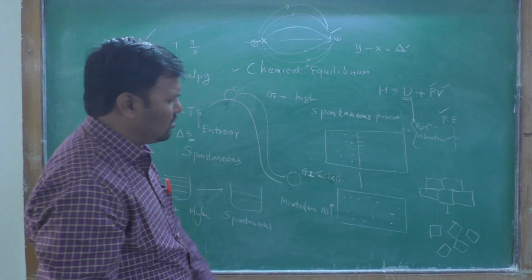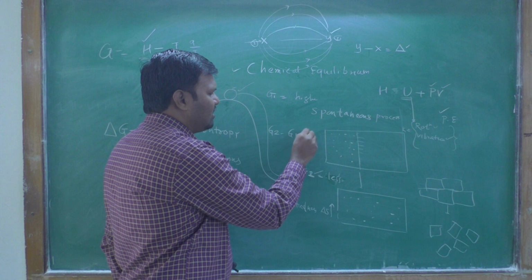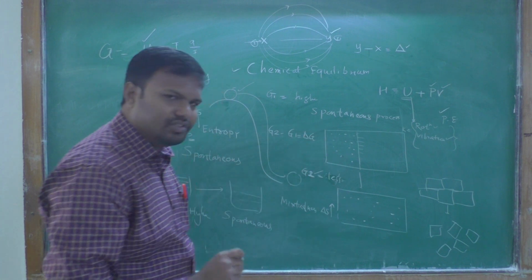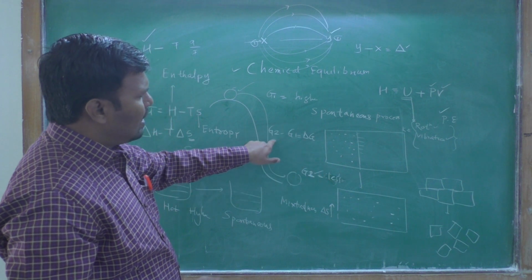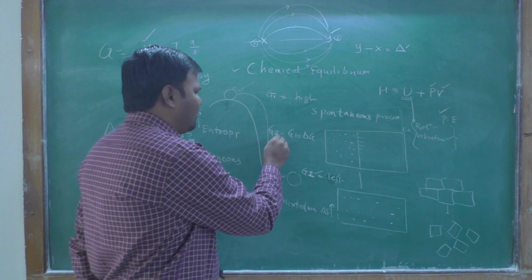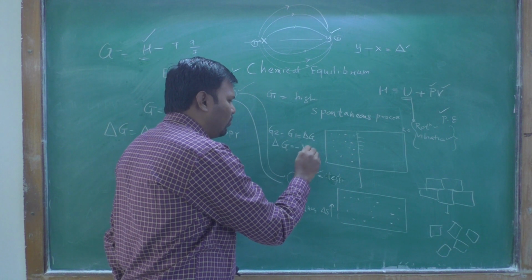When you find G2 minus G1, that is nothing but delta G, the change in free energy. Therefore G2 minus G1 is a less quantity minus a higher quantity. Therefore delta G is a negative quantity.